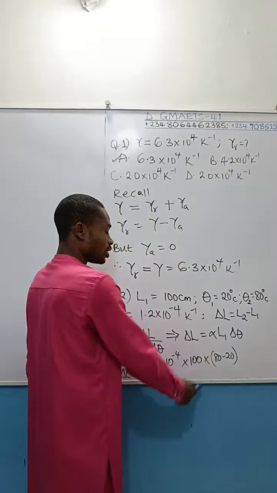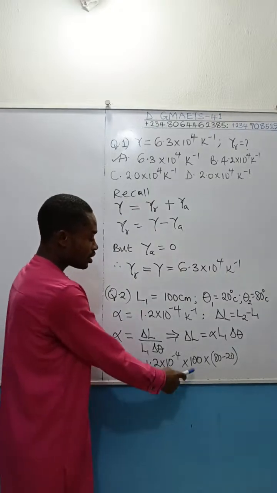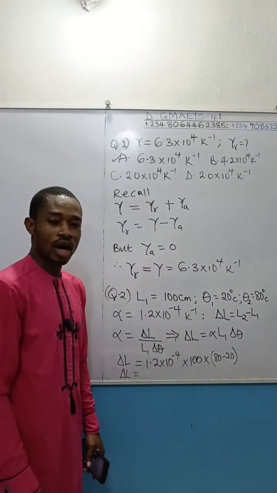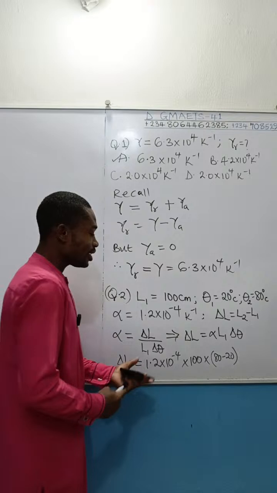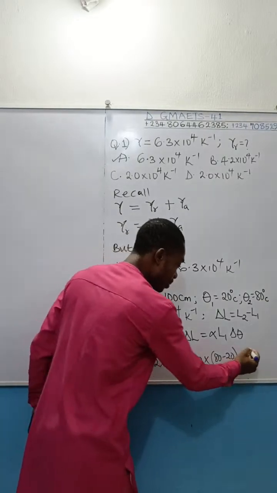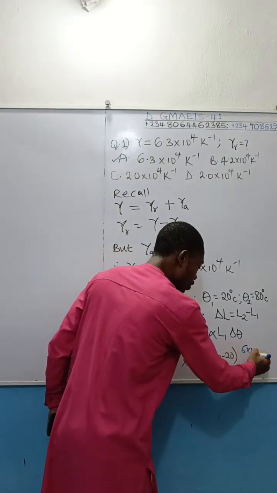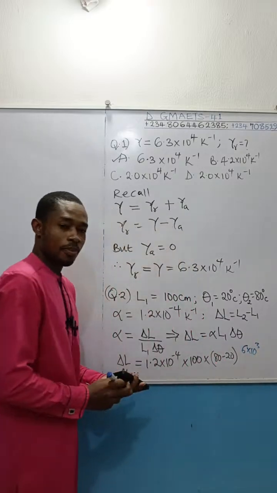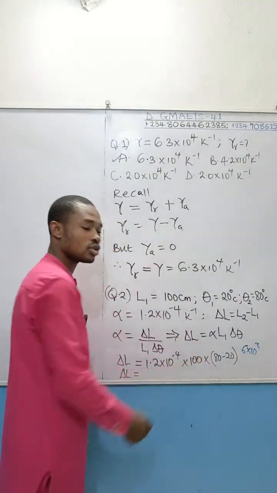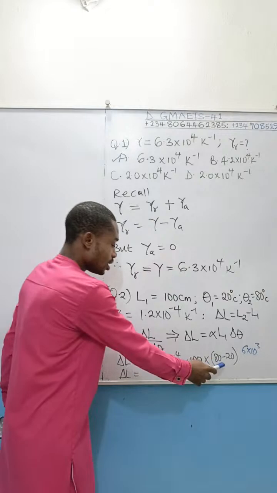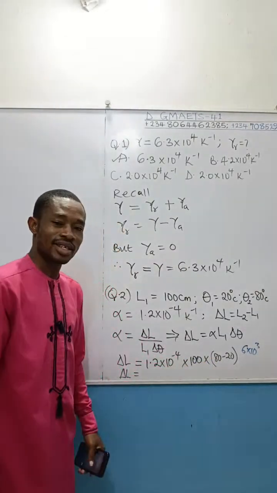80 minus 20 will give you 60. 60 times 100 will give you 6,000. This 6,000 is the same as 6 times 10 to the power of 3. I repeat, 80 minus 20 is 60, and 60 times 100 is 6,000.